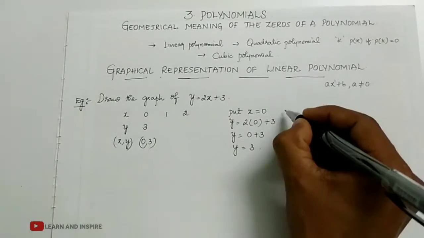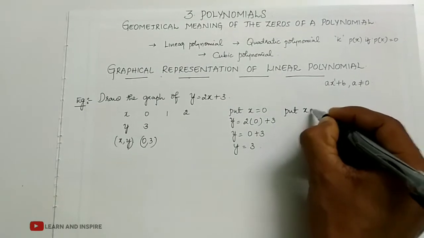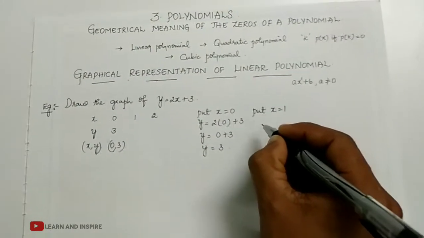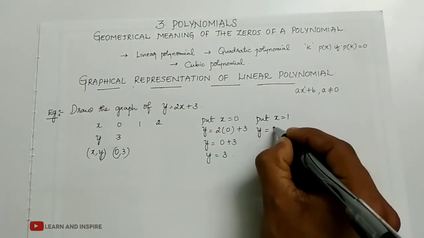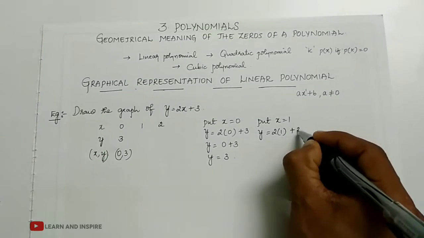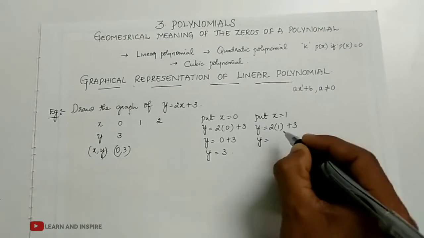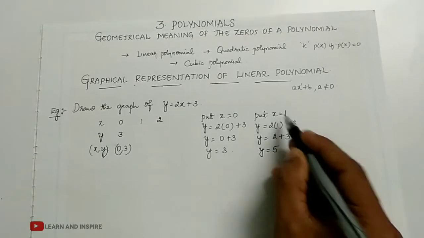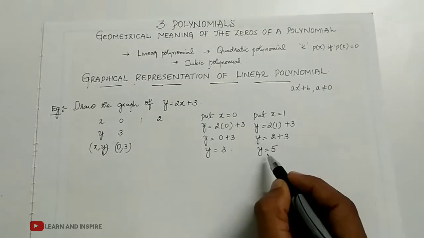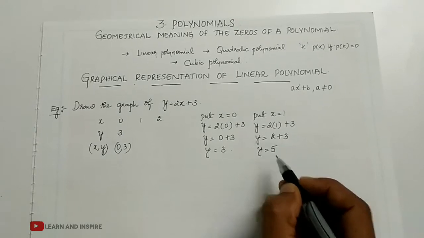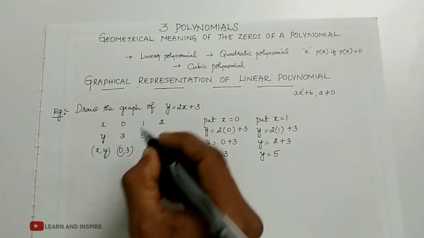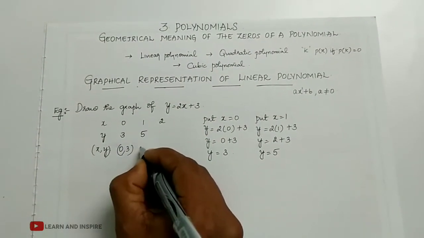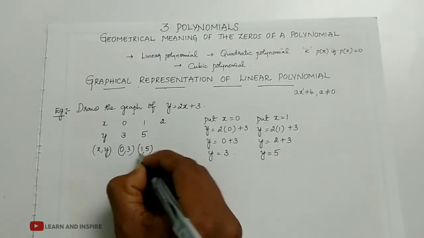Now put x equals 1. Then y equals 2 into 1 plus 3, which is 2 plus 3, so y equals 5. The coordinates are 1 comma 5.